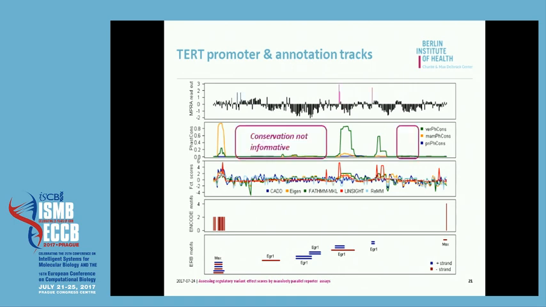So the first thing that you might recognize is that the known activating mutations are not in the region where we see conservation. So that, I guess, gets back to what we've already heard for protein coding sequence. If something is not conserved, it does not mean that it doesn't have function.